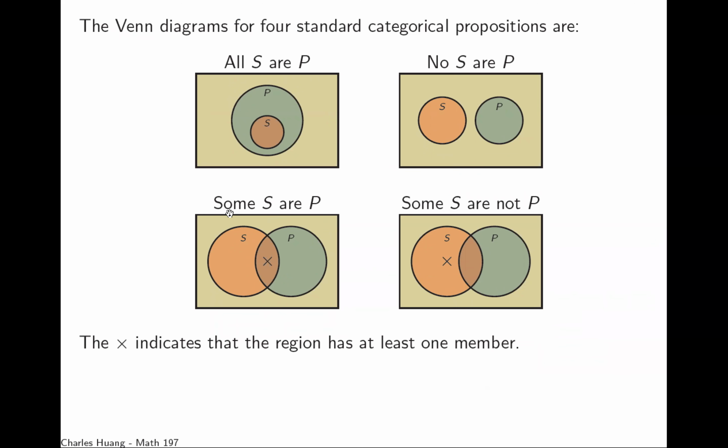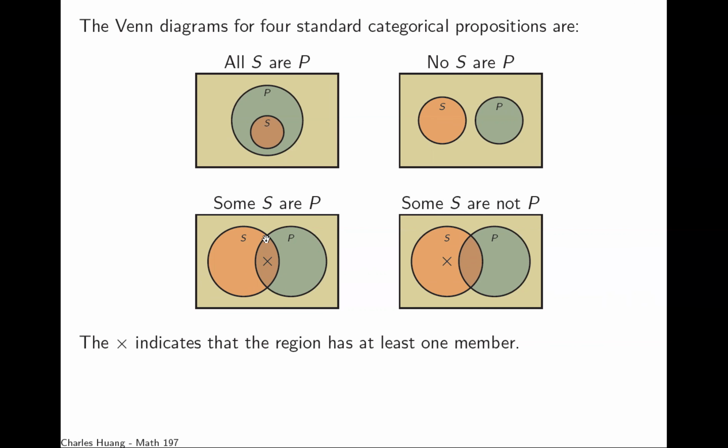If I say that some students are Canadian, then we have an overlapping set, because I can have some of the students in the student circle that are in the Canadian circle at the same time. Now, to show that some students are Canadian, we'll put a little X here to show that we have someone that's here, right?